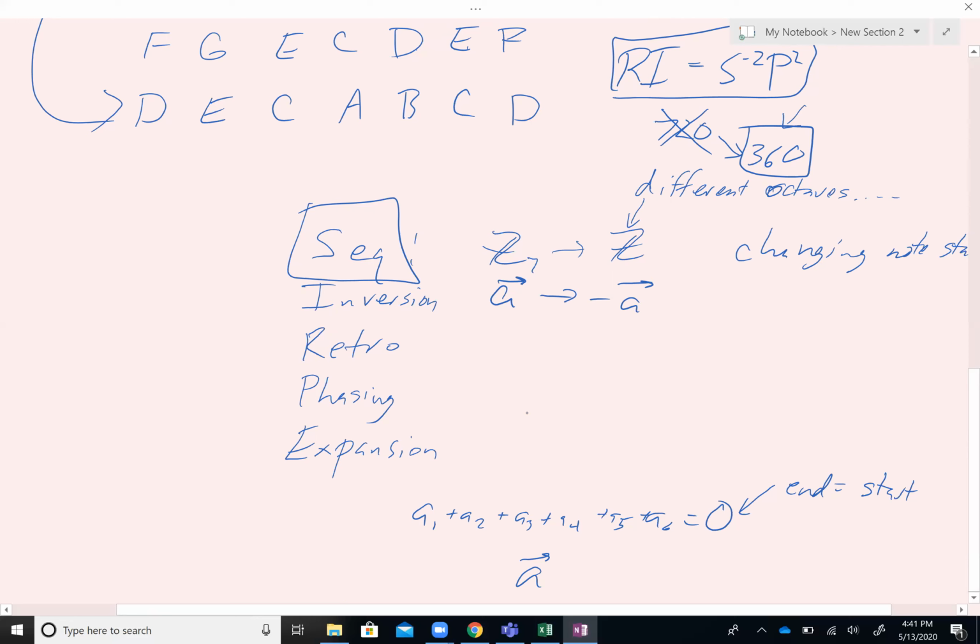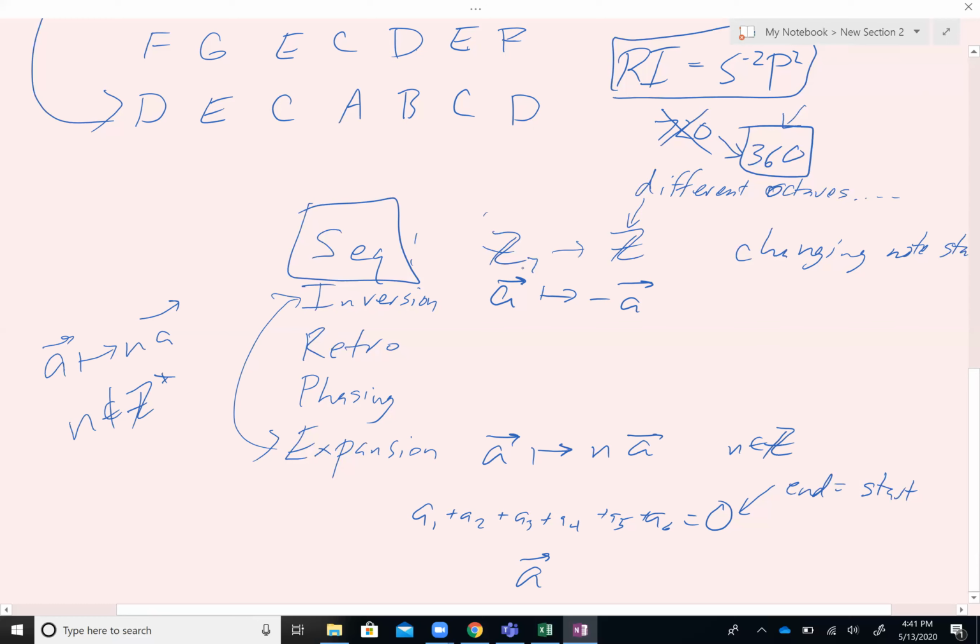Expansion, which he does at the end, is actually your vector just gets multiplied by a positive integer. So if I put these two together, I just have a goes to n times a, where n is a non-zero integer. So again, kind of like sequencing.